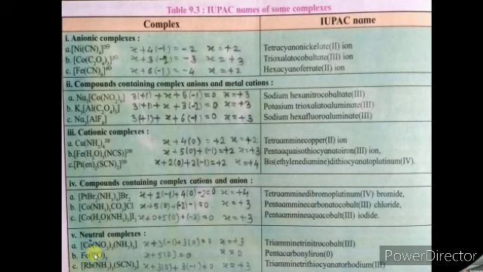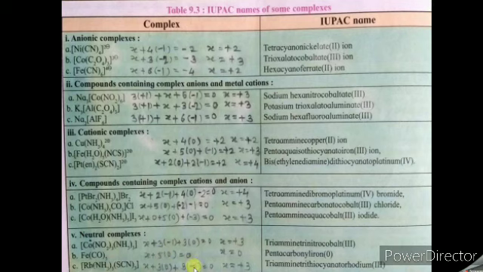There are 5 carbonyl groups, so pentacarbonyl, iron word as it is, and write down oxidation state of iron as 0. Then [Rh(NH3)3(SCN)3]. So what is the oxidation state of Rh? X plus 3 into 0 because NH3 is neutral.